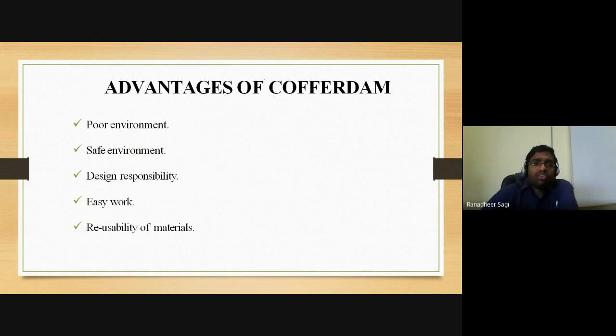Now, what are the different advantages that we have in the construction of a coffer dam? Wherever the environment for construction of a particular structure is poor, let's say it is a river flowing region where I am required to take up the construction of a bridge, the environment is not very supportive for direct construction of the structure there.